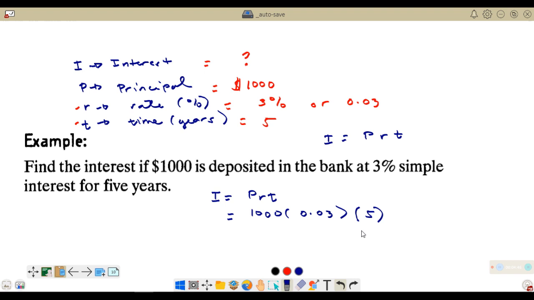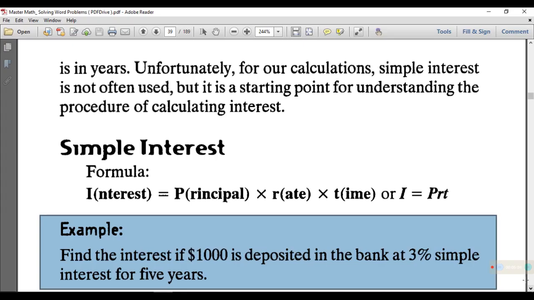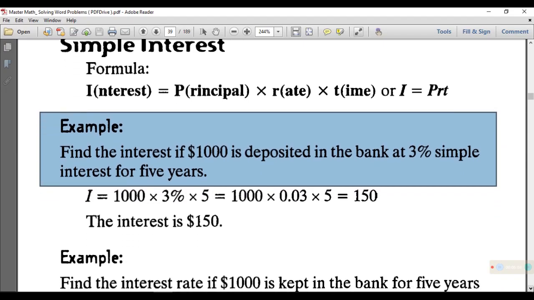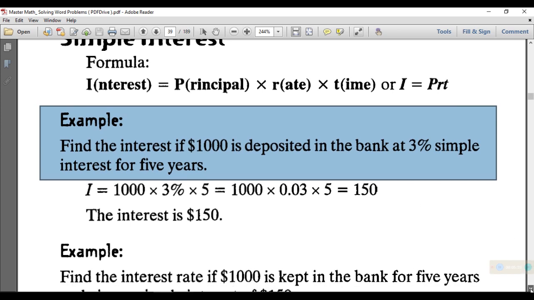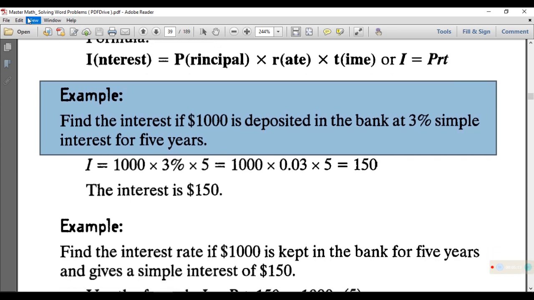Okay, 1,000 times 0.03 times 5 is equal to $150. So our answer here is $150. Okay? So let's check if our answer is correct. So it matches the one from the book. So tama siya.